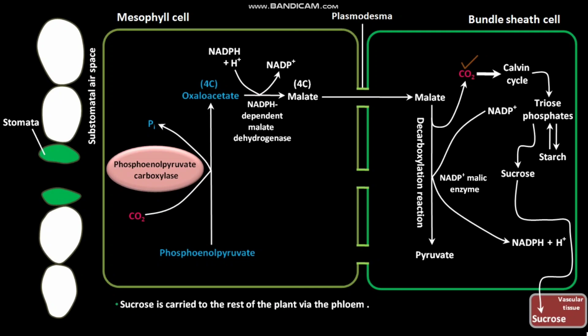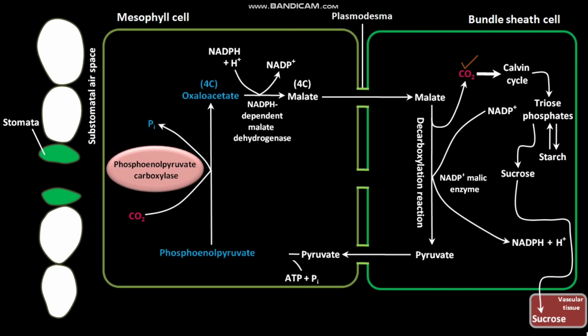The pyruvate then moves into the chloroplast stroma of mesophyll cell via plasmodesmata. After reaching the chloroplast stroma of mesophyll cell, the pyruvate, ATP and Pi react with each other to form phosphoenol pyruvate, AMP and PPi or inorganic pyrophosphate.